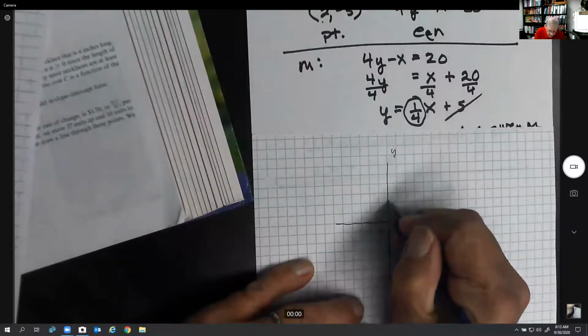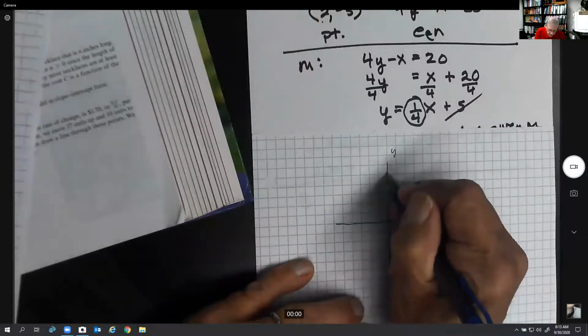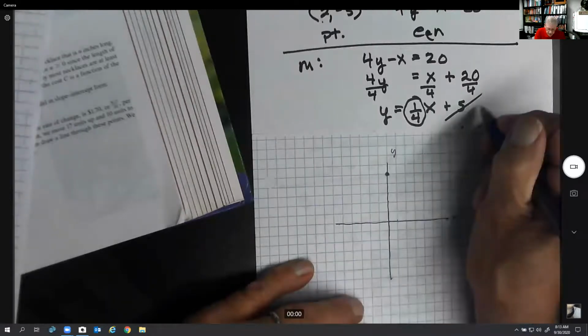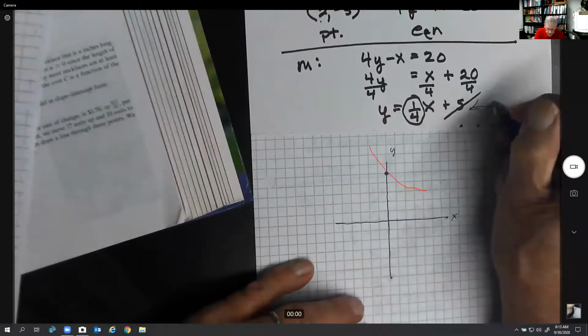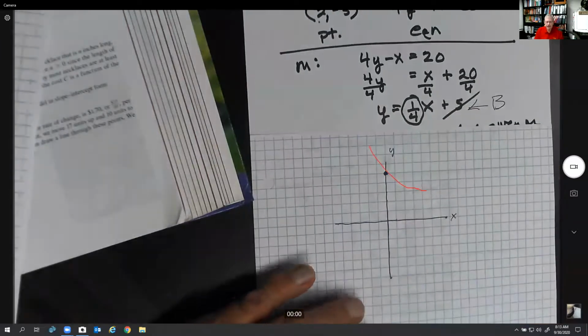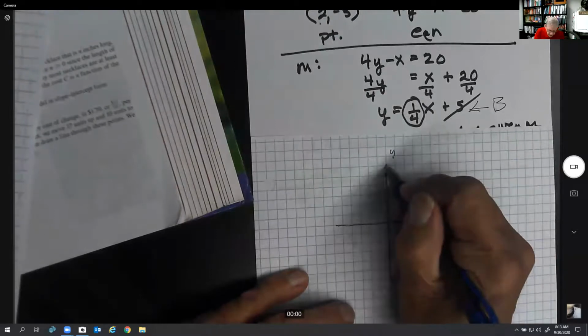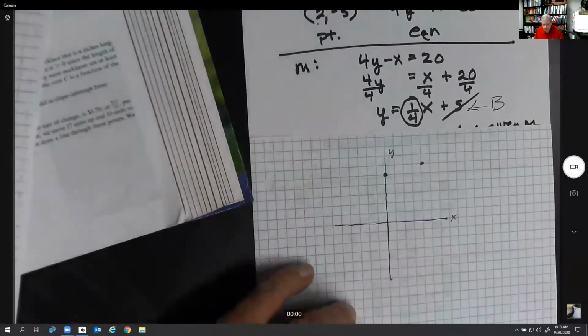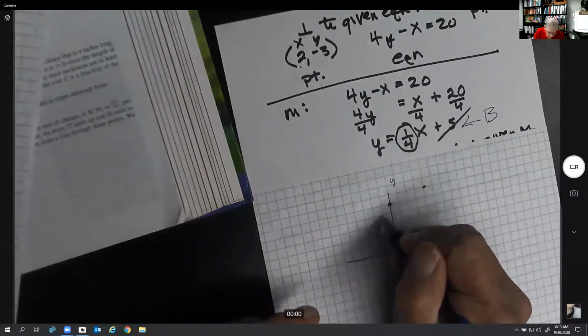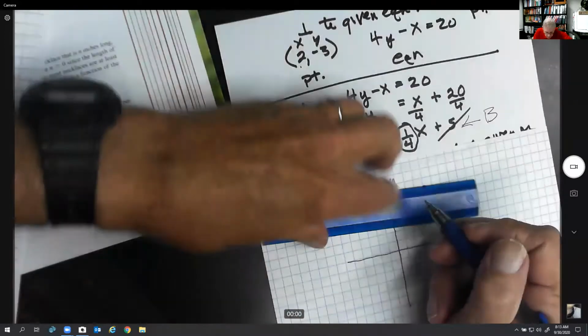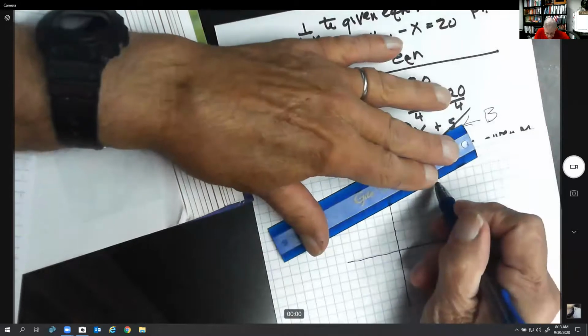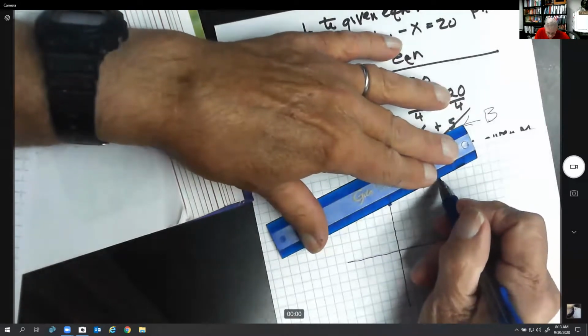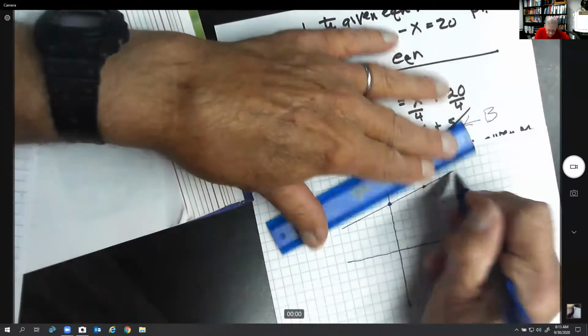On the y-axis, that was our intercept. Remember, this is your b. And it went up 1 and over 4. 1, 2, 3, 4. Maybe not the prettiest, but that was the equation.